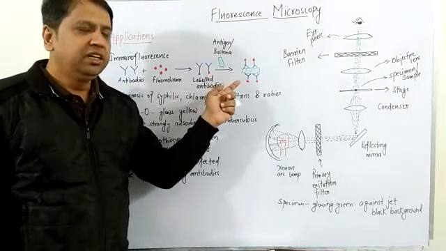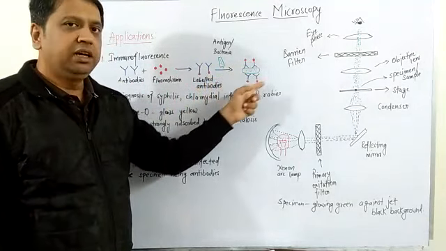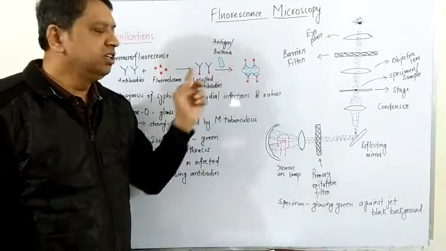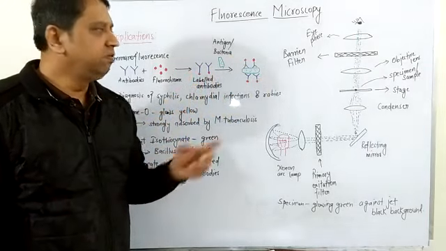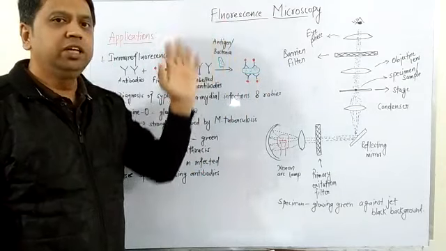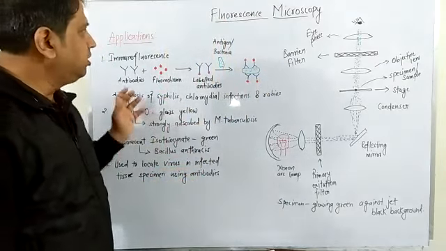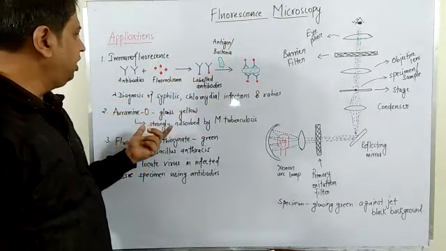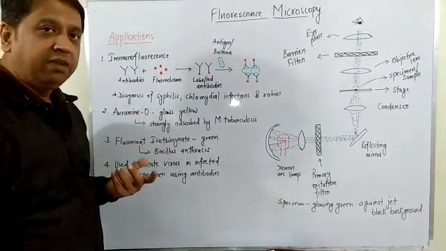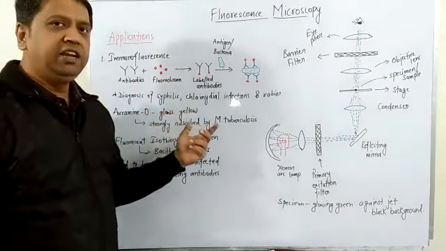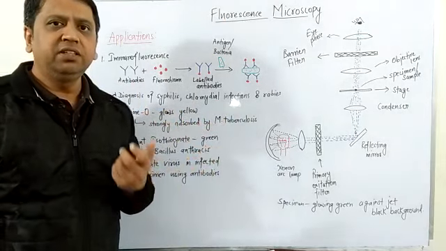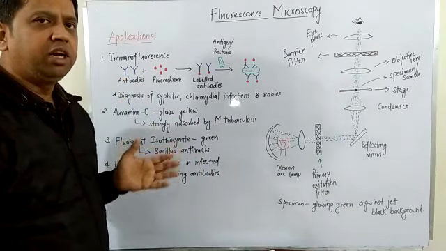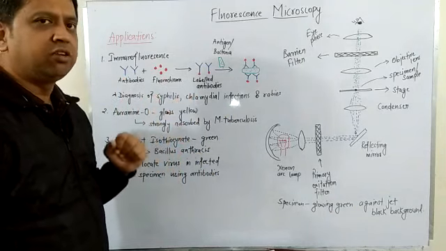When mixed with the antigen, they bind to the antigen through their Fab portion, and in this way the antigen glows in the color of the dye, which can be seen through this microscopy technique. This is how we can diagnose some diseases, for example syphilis, chlamydial infections, and the presence of rabies virus in the patient's brain smears.